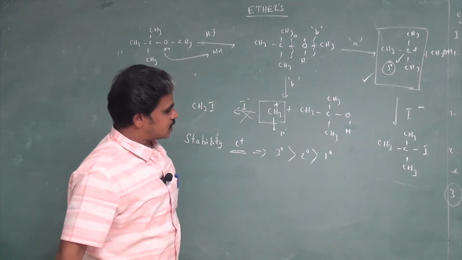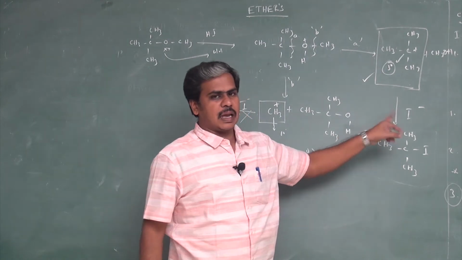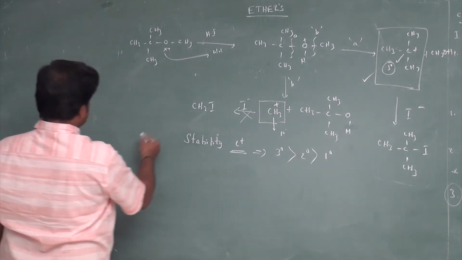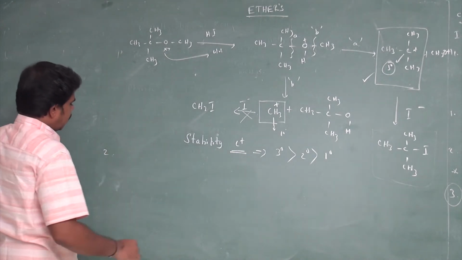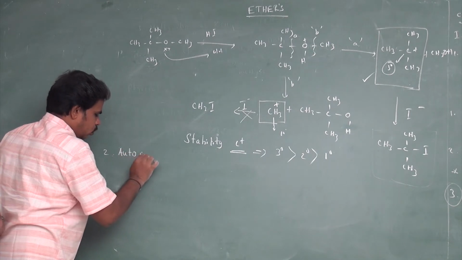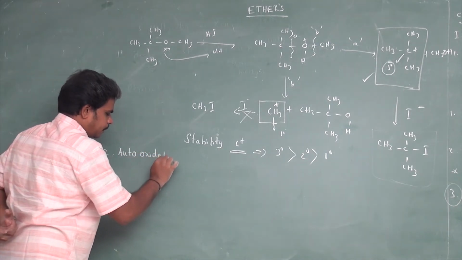So the product is tertiary butyl iodide. Okay. And the second one is auto-oxidation.